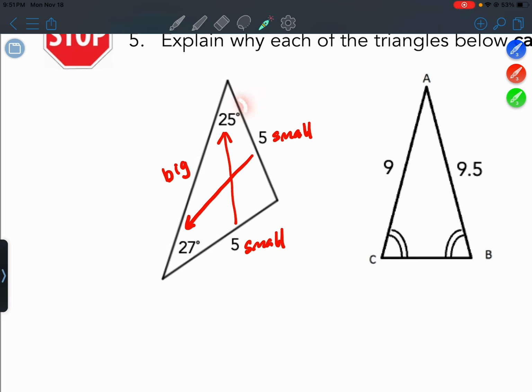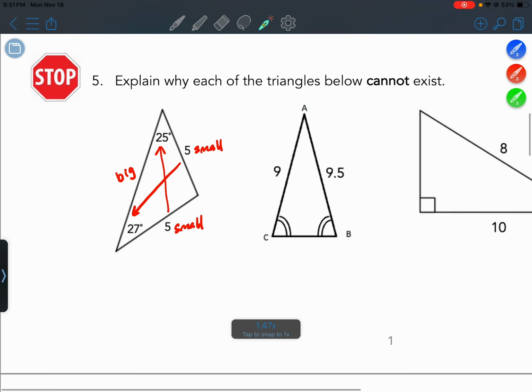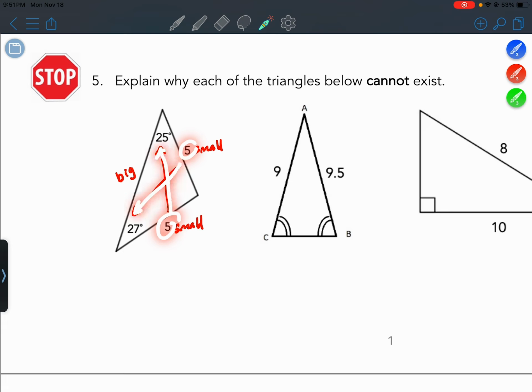However, these angles are completely different. So that's why we would say it's an impossible triangle. You can't have 2 sides of the same length across from 2 angles that have different measures. They'd have to be the same. Or if this angle really is bigger, then this side should be slightly bigger, maybe like 5.2 or something like that.